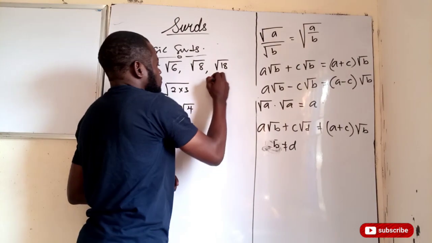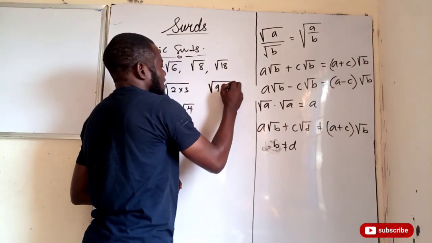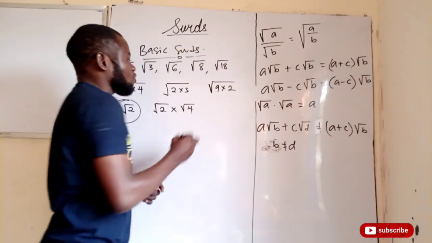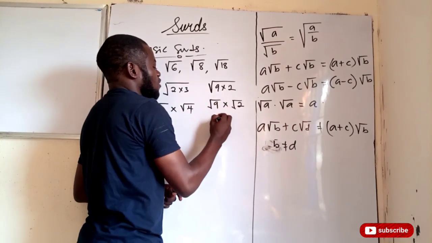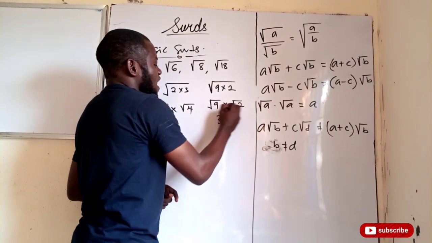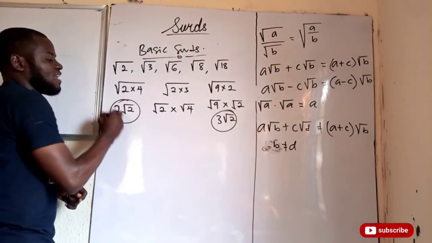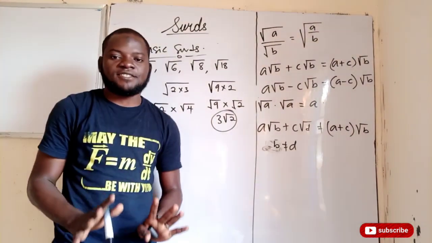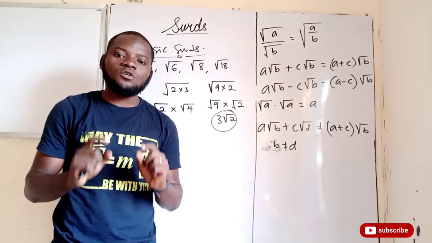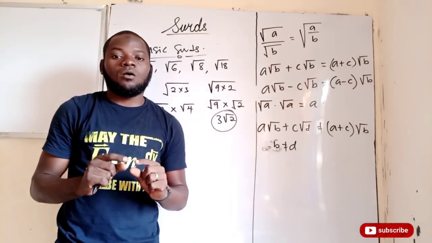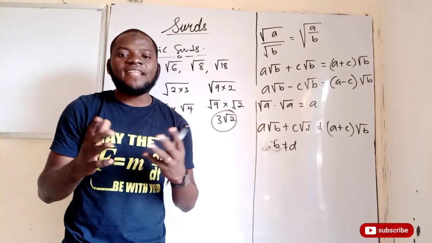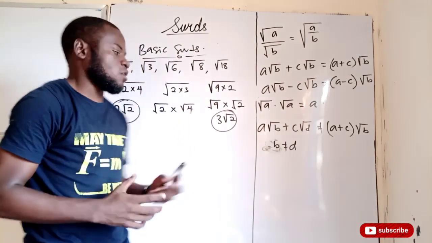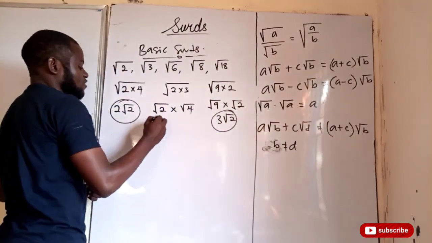Because I can write root 18 as root 9 times 2. So that is the same thing as saying root 9 times root 2, and that will give me 3 root 2. Hence, this is a basic surd, and this is also a basic surd. Do we all understand what is called a basic surd now? Okay, if yes, let us look at another concept of surd which we call similar surd.